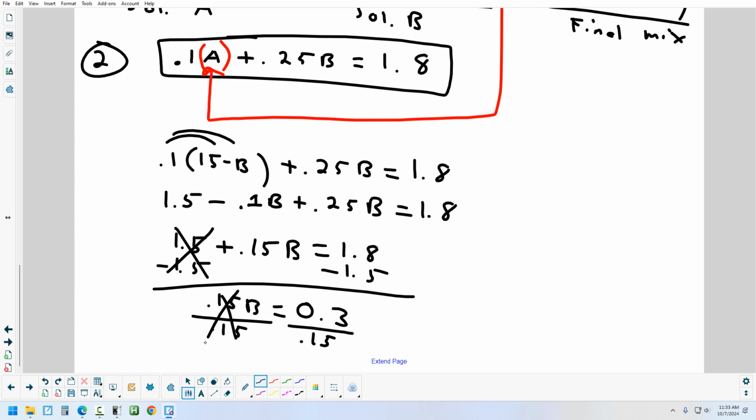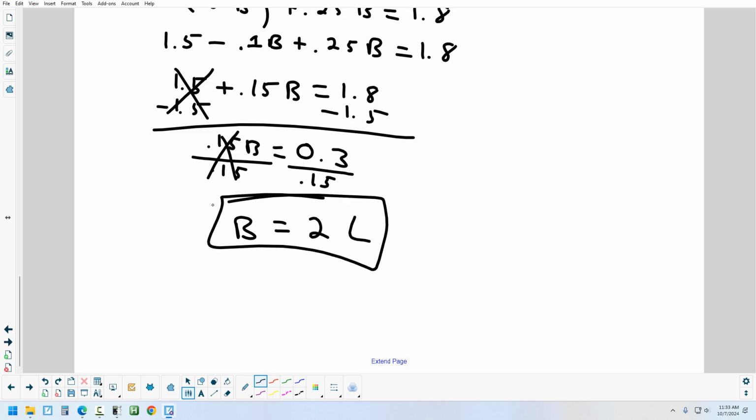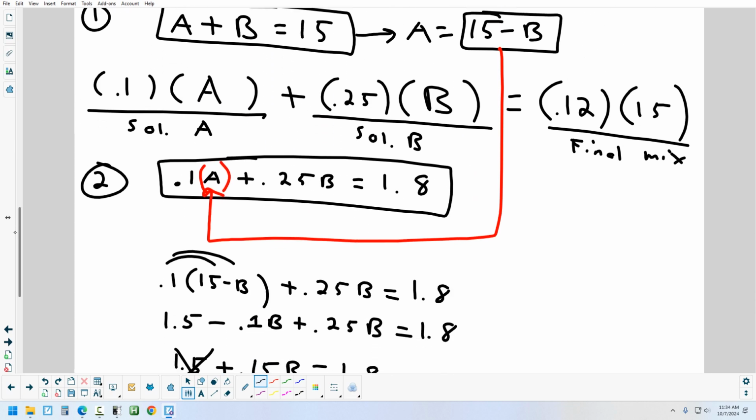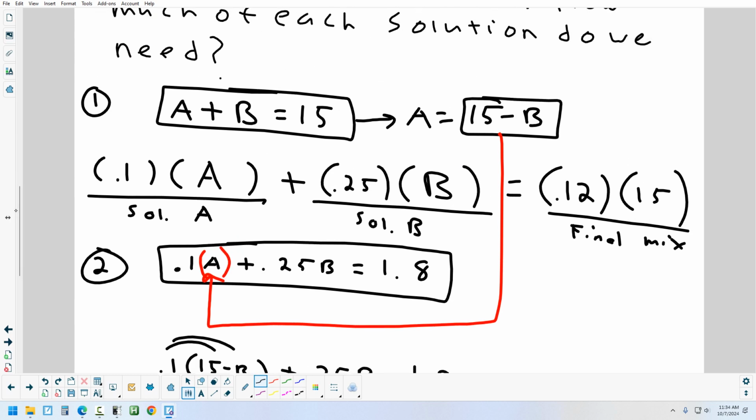Yeah, 2. So now I know I need to mix in 2 liters of solution B. How many liters of solution A do I need? Yeah. Plug that in the first equation, so you need 13. 15 minus, now I know B is 2.